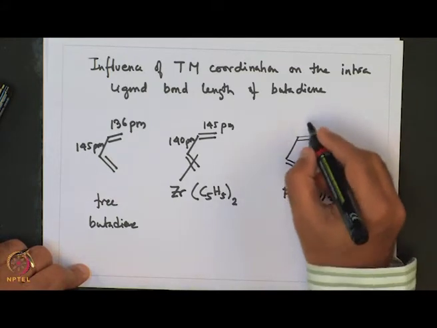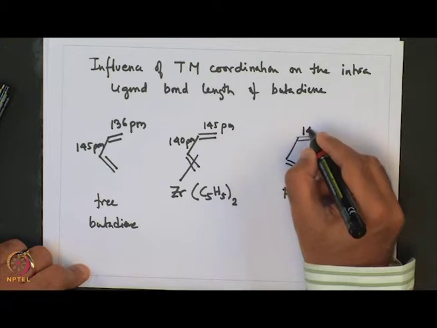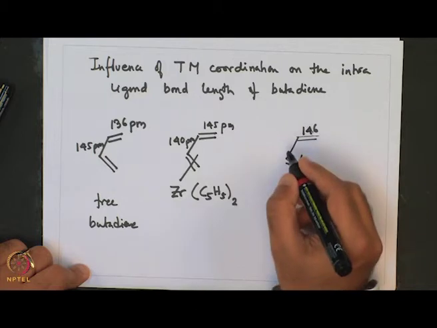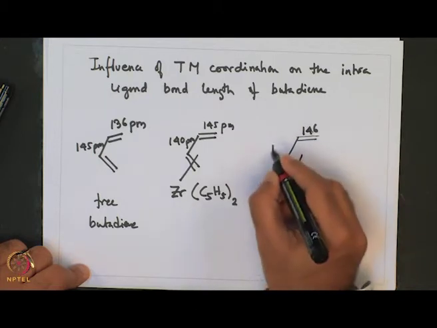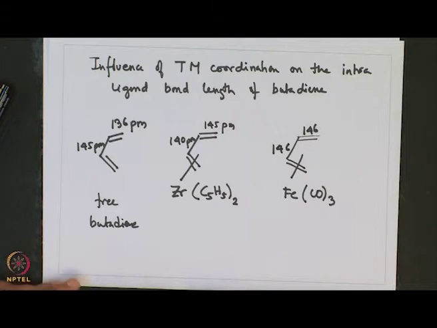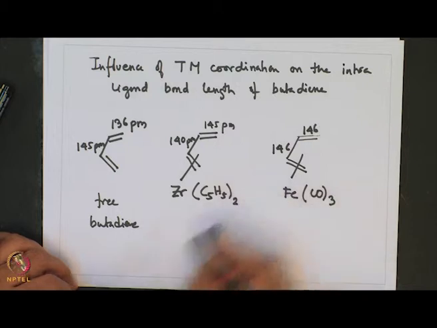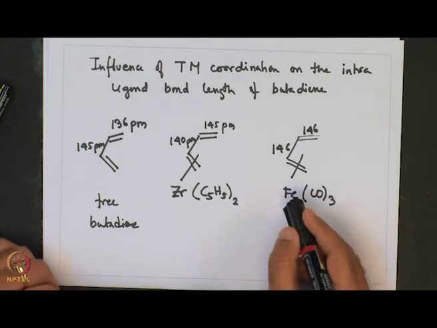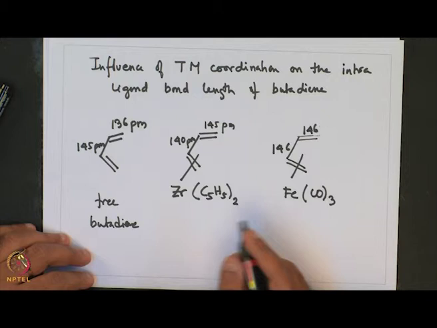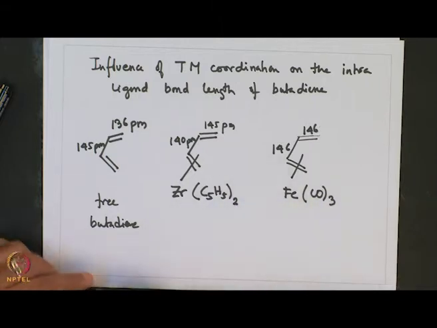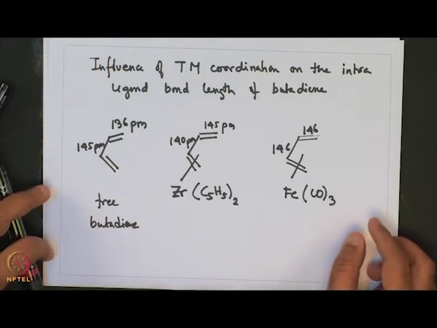The terminal one is 146 and the internal one is 146. So, there is a significant change; the intra-ligand bond length changes as the metal coordination occurs, and it also depends on the nature of the metal. For example, iron is a more electron rich metal than zirconium, and obviously the extent of the interactions in these two metals would be different.